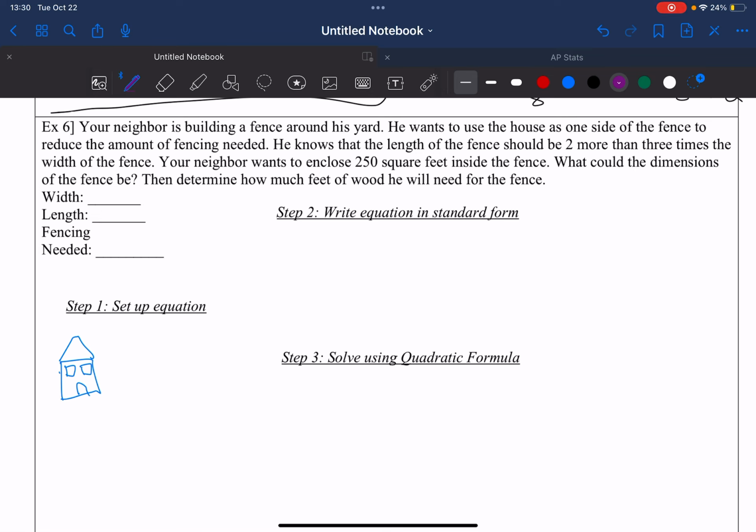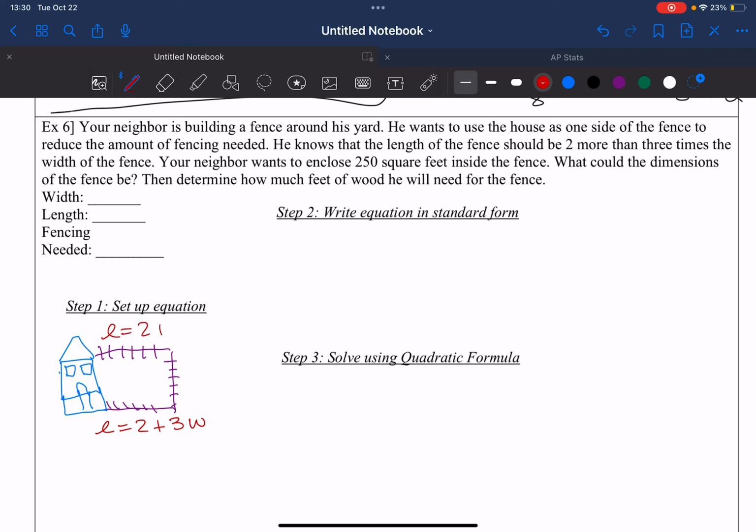Okay, so here's my fence on this side, and then I have a fence on this side, and then I have a fence on this side, and let's pretend that my house was a little bigger here. Okay, it says he knows that the length of the fence is going to be 2 more than 3 times the width.